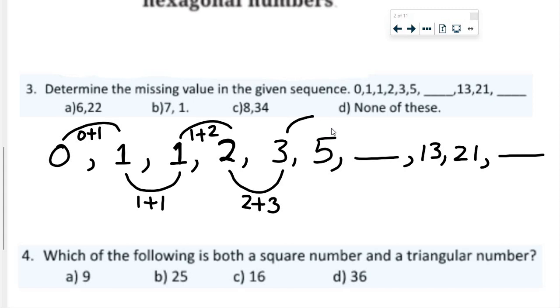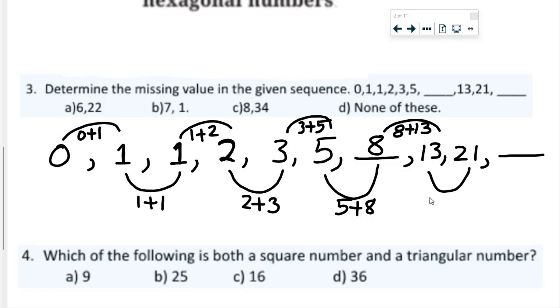So to get the next number, you do 3 plus 5, and you get 8. To get the next number, which is 13, do 5 plus 8, which is 13. To get the next number, do 8 plus 13, 21.